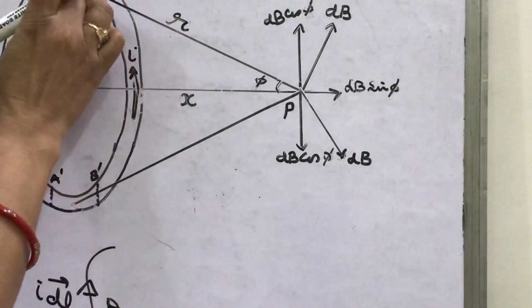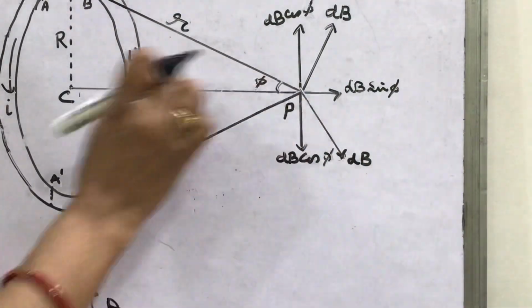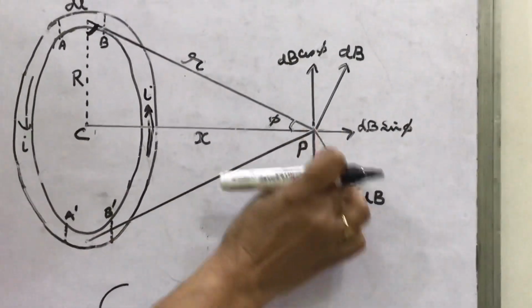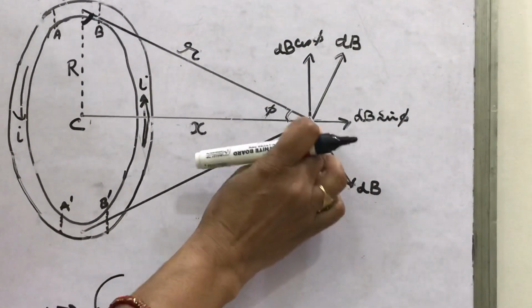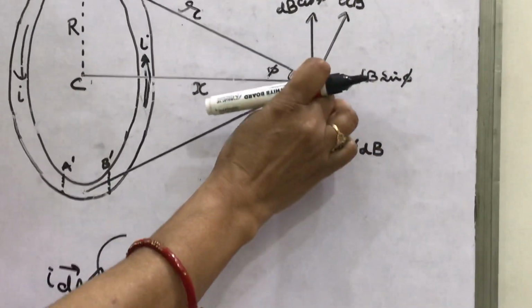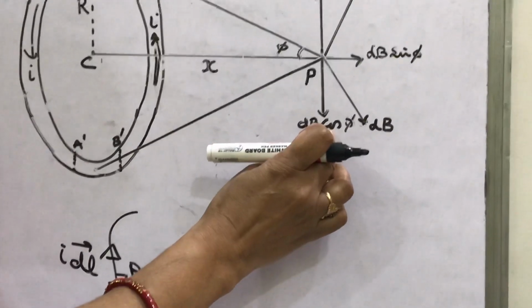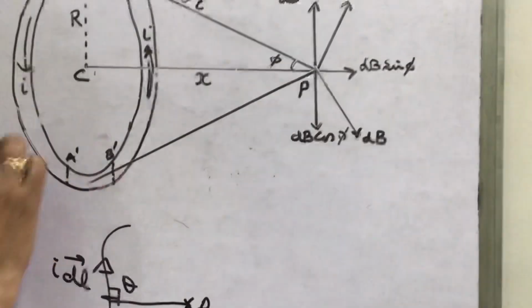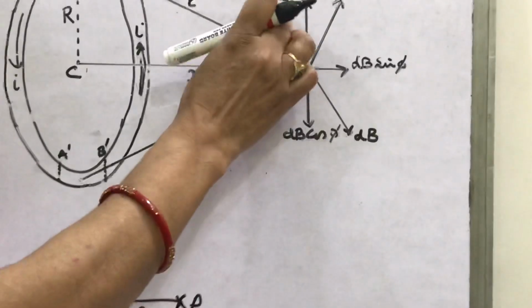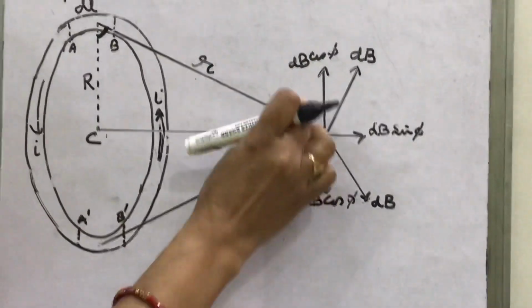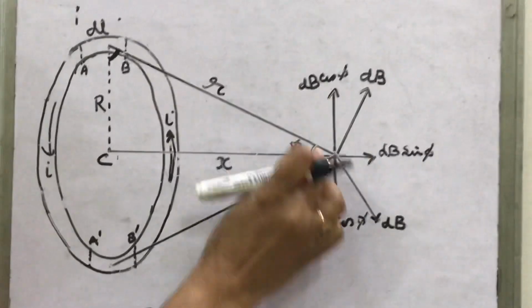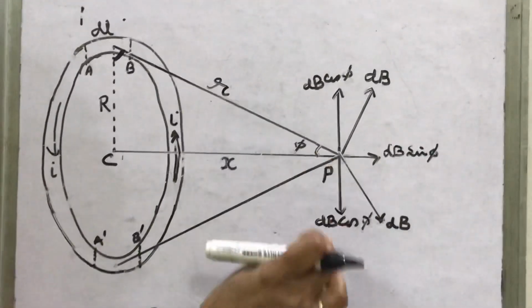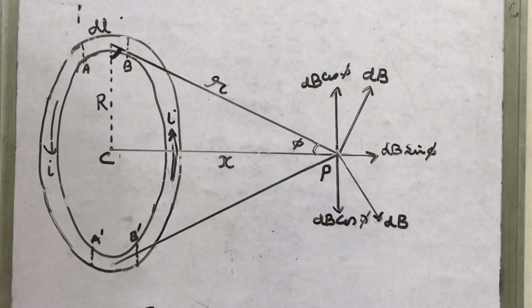They are joining the current elements with the point P. This dB will also have components, dB sin phi and dB cos phi. So at point P, these dB cos phi components will be equal and opposite, so their net effect will be 0, null.